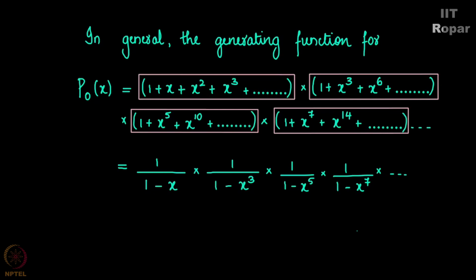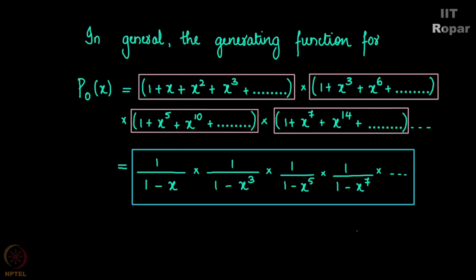This in general can be written as the product of 1 by 1 minus x to the i, where i is all of your odd terms, 1, 3, 5, 7, and so on. So this is the generating function for PO of x, that is, odd partitions of x.